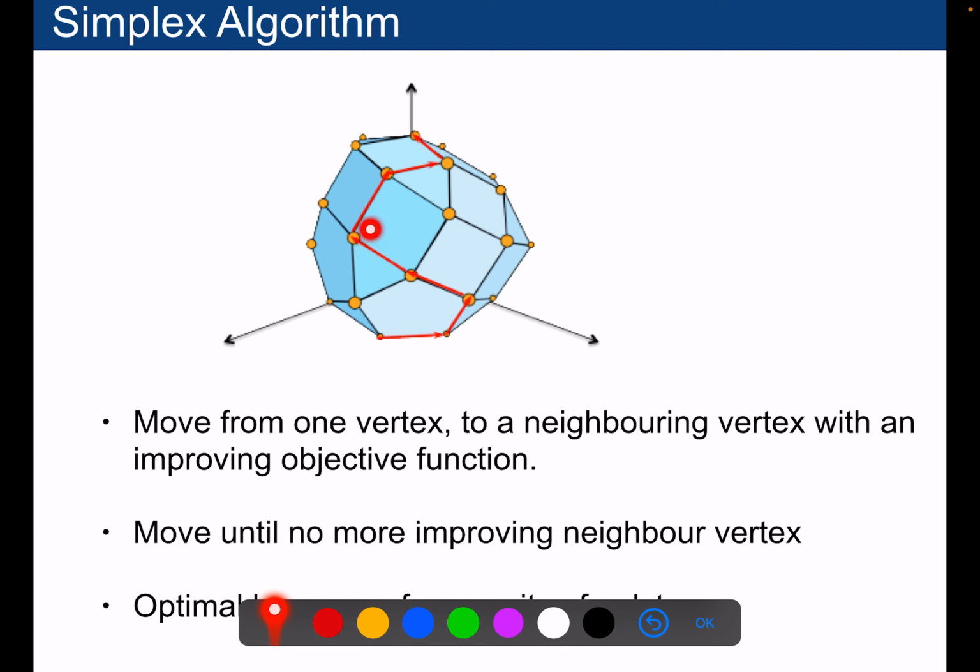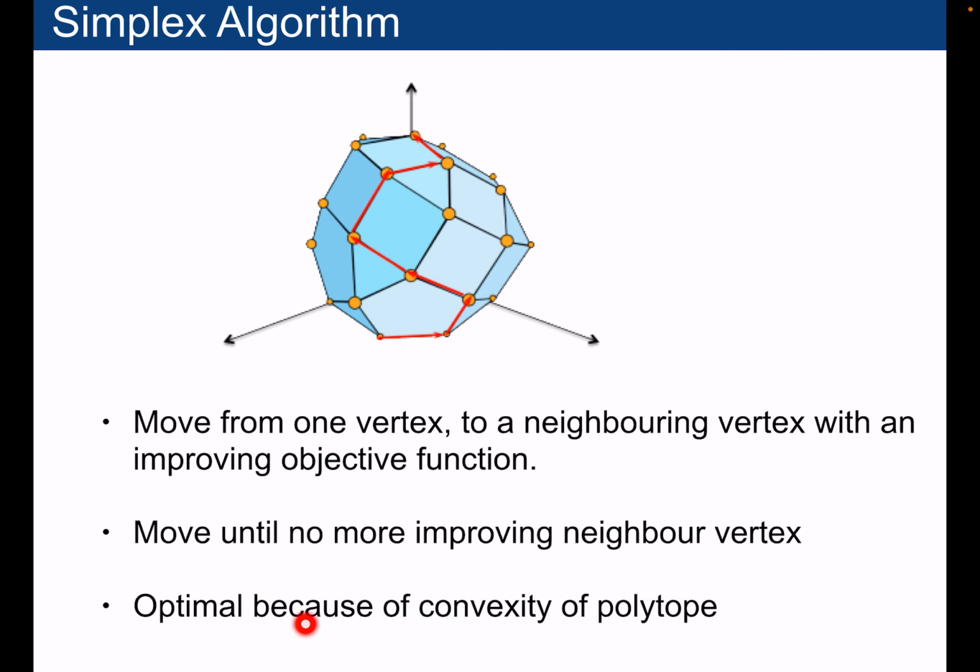Okay, and we will follow a path like this one on the polytope. And we stop when there is no more improving neighbor vertex. Okay, and this will guarantee optimality. The stopping criterion will guarantee that we still find the optimal solution because of the convexity of the polytope.